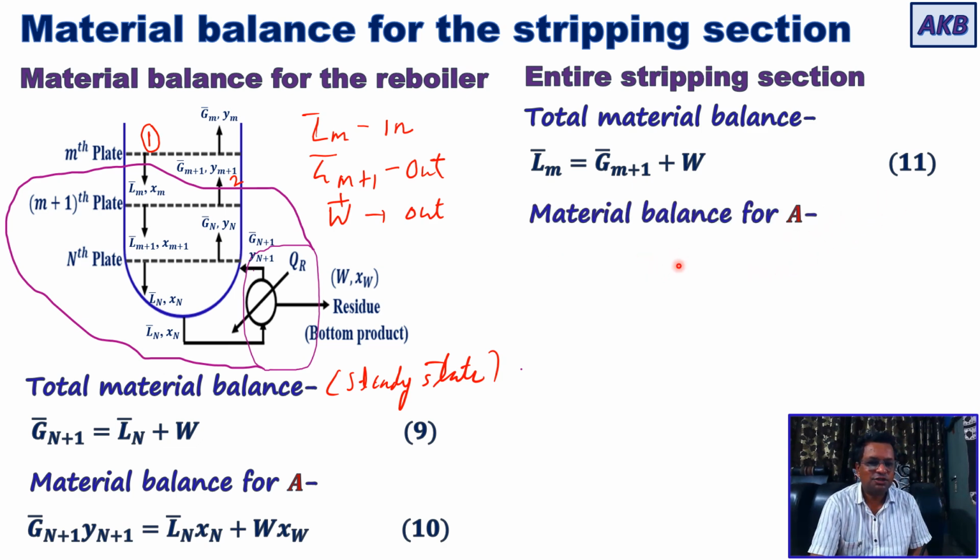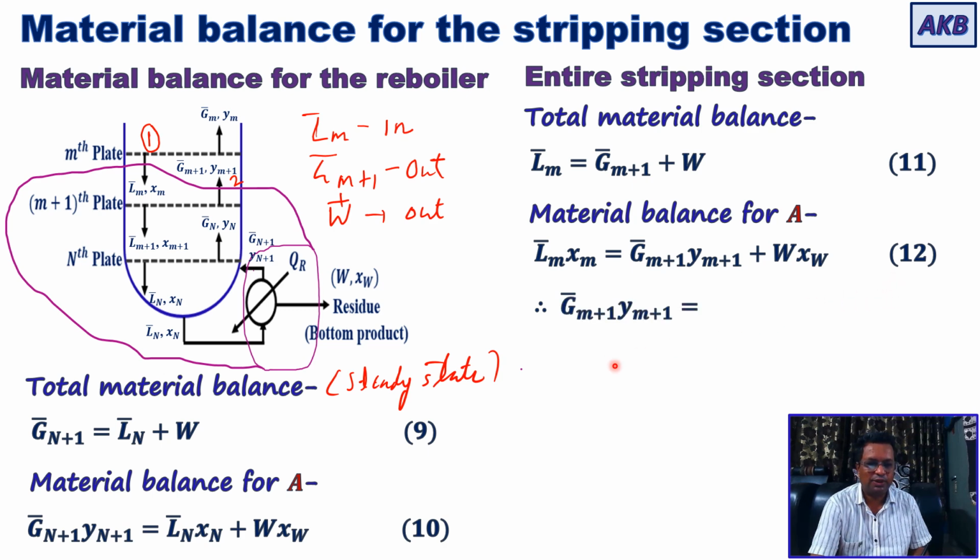Similarly, material balance for component A, total into fraction. So it will be L bar m into xm, that is equal to G bar m plus 1 into ym plus 1 plus W into xw, and I am calling it equation number 12. And so from equation number 12, you can rearrange it in this way. G bar m plus 1 into ym plus 1 is L bar m into xm minus W into xw.